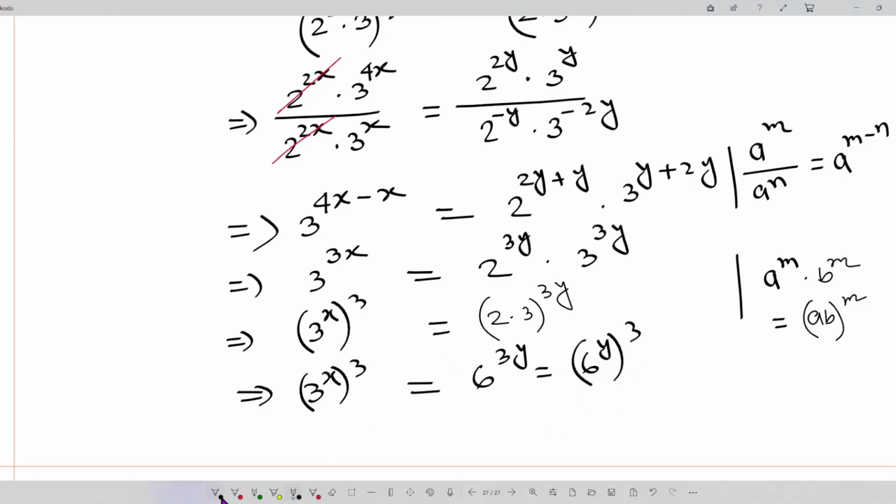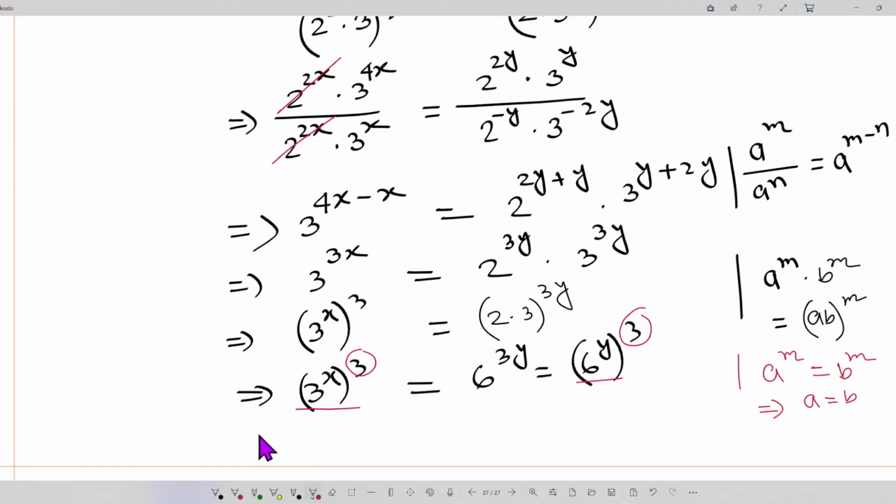Now most important thing here, 3 to the power x to the power 3 and 6 to the power y to the power 3. We know once powers are same, the bases will be equal. Similarly, once power is equal, it means a to the power m equals b to the power m, in that case we can write a equals b.